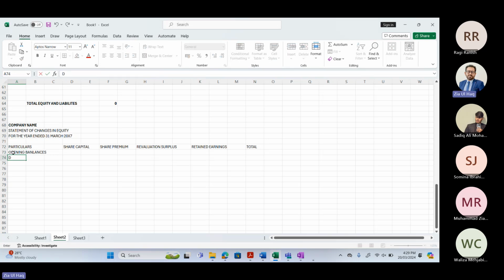There is dividend paid as well. There will be some profit for the year that we need to adjust in retained earning. And there is a revaluation surplus as well. And then there will be closing balance.